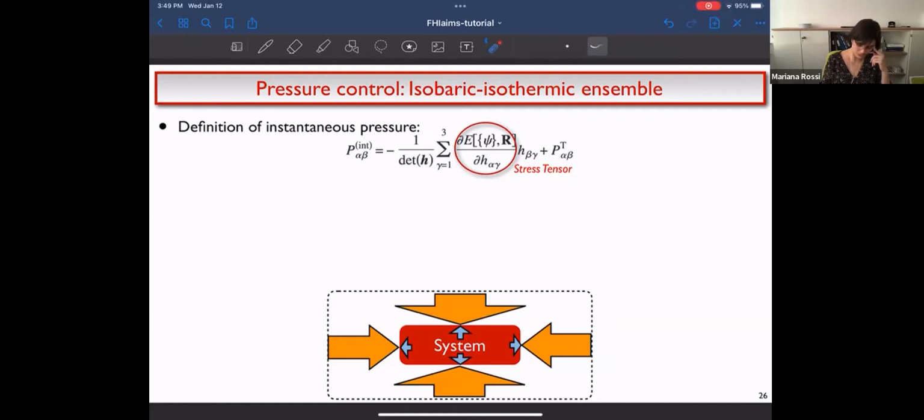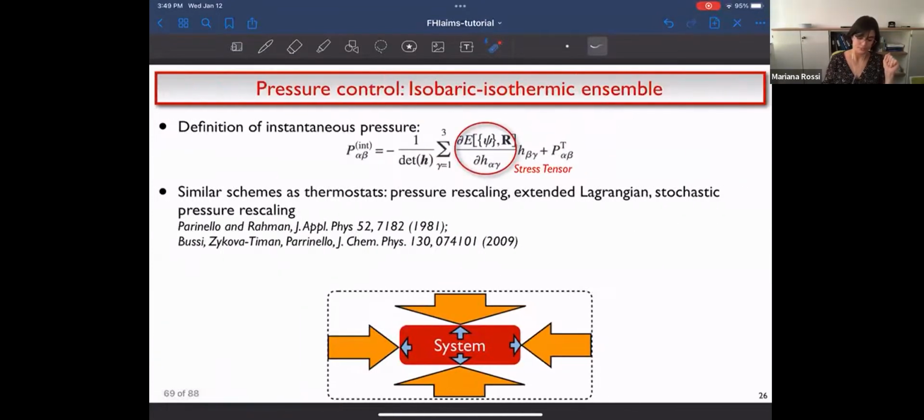But this has been done in FHI-aims by Franz Knuth and Christian Carbonio some time ago, and it's a very nice implementation.